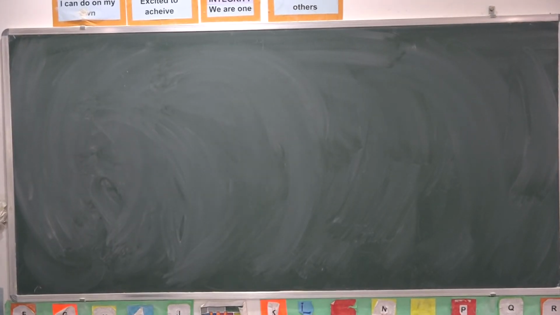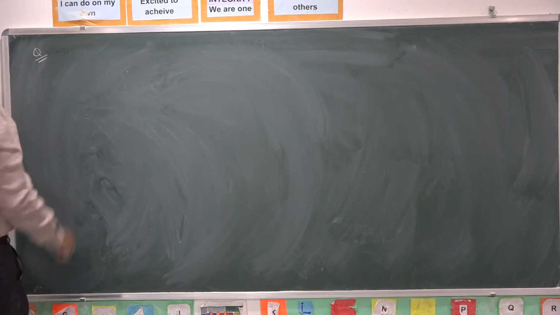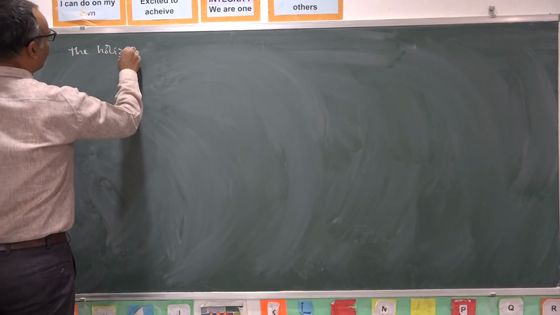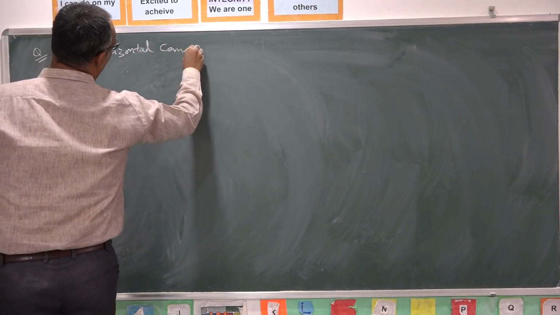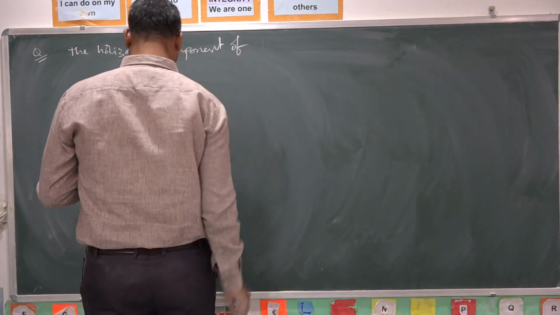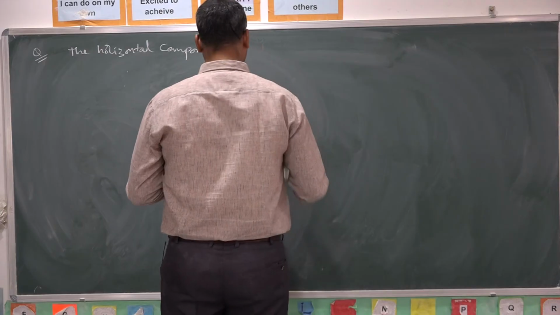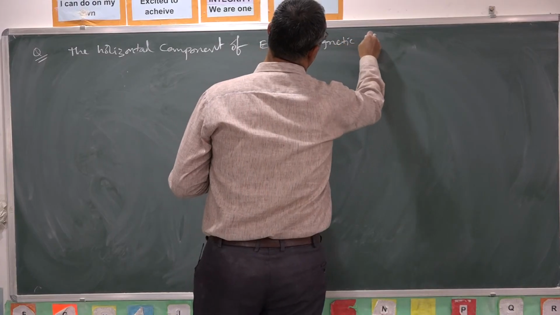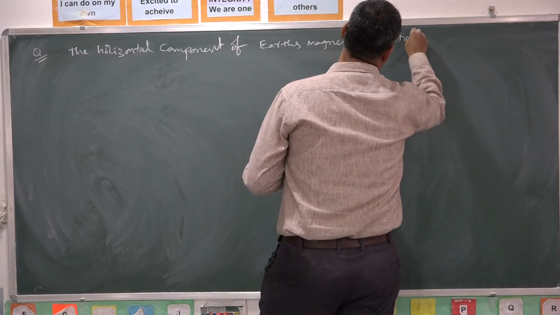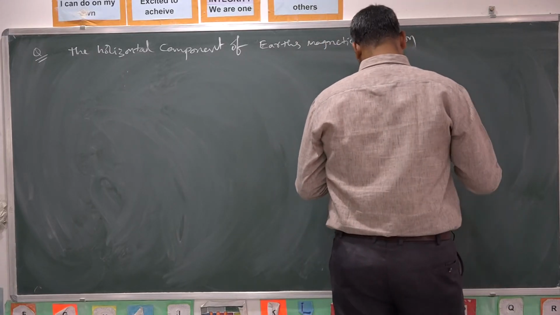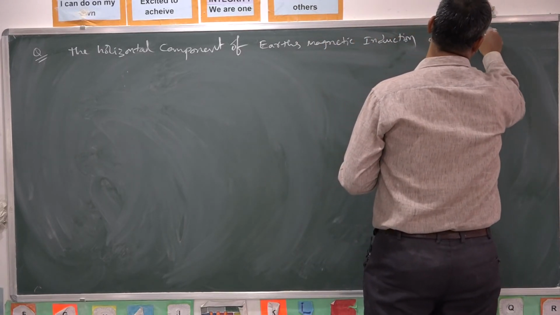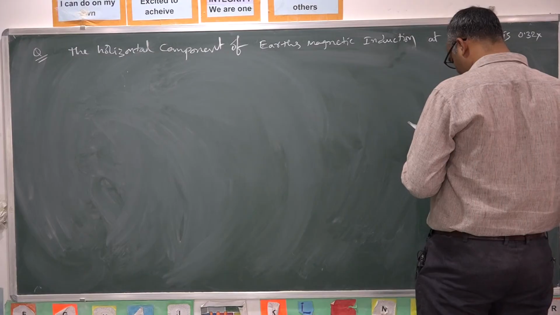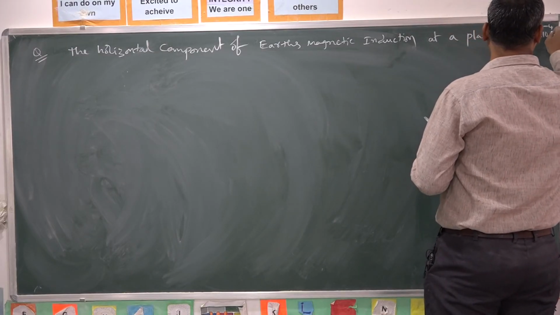Now let us solve one problem. The question says the horizontal component of Earth's magnetic induction at a place is 0.32 into 10 power minus 4 Tesla.